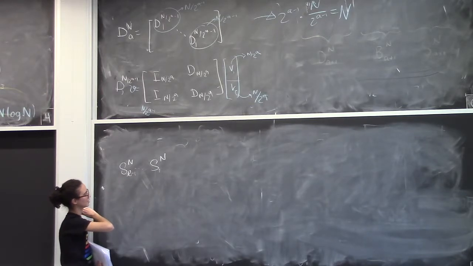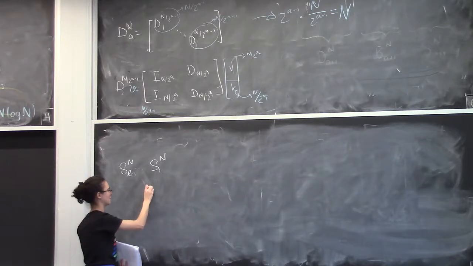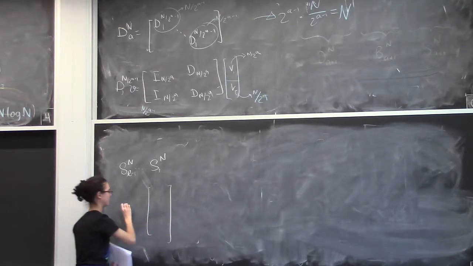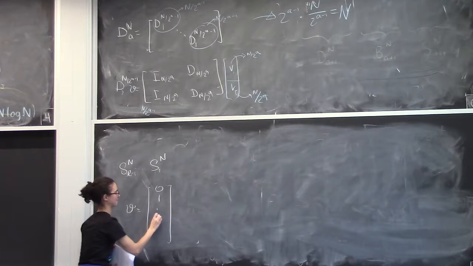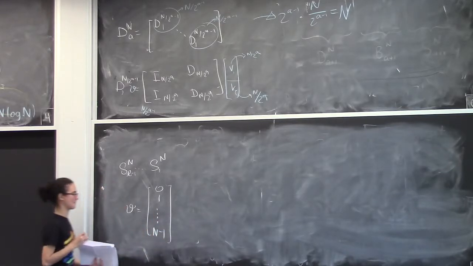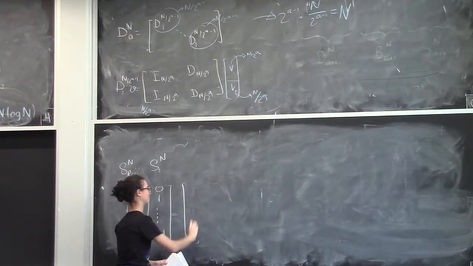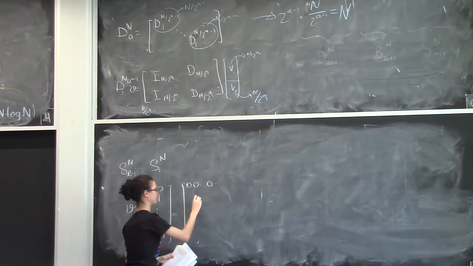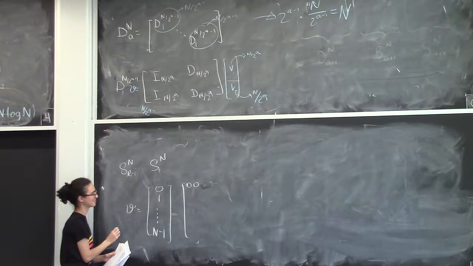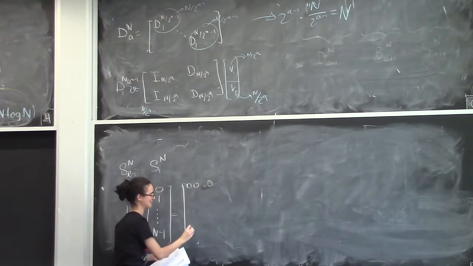And then let us consider the vector that looks like this. But then let us write it in base 2.